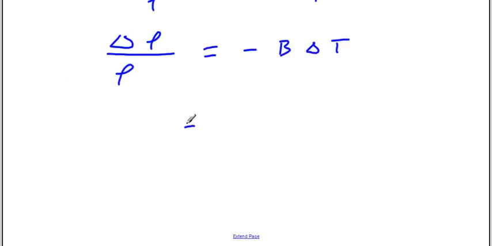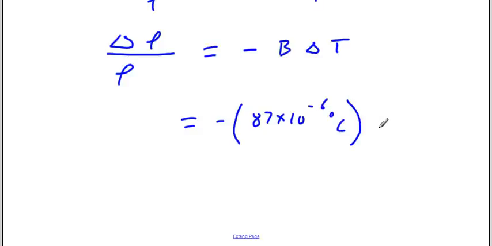And then I'm going to get that this is lead, so I'm going to go look up what beta is for lead. And there it is: 87 times 10 to the minus 6, degrees centigrade.